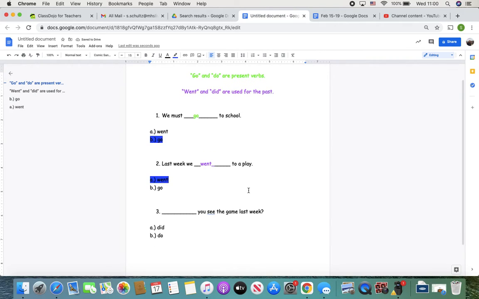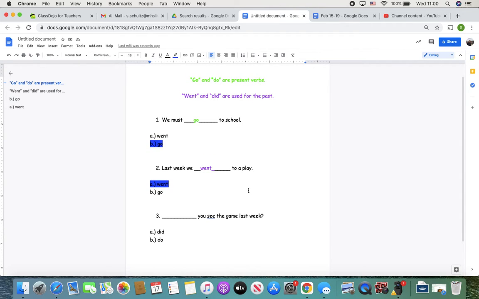And then our last grammar question of the day. Number 3, blank you see the game last week? Now look at that sentence carefully. What words do you see that give us clues about whether we are talking about the present, things that are happening now, or things that happened in the past?